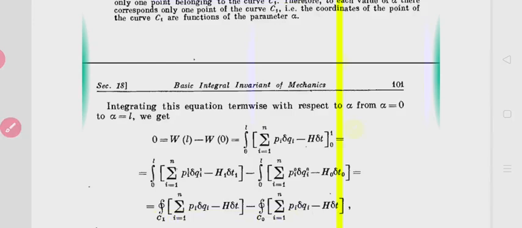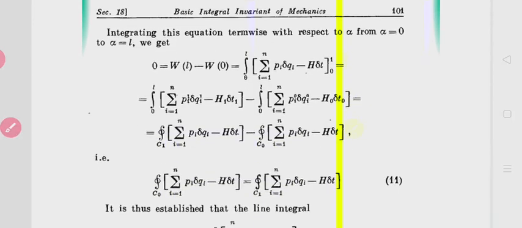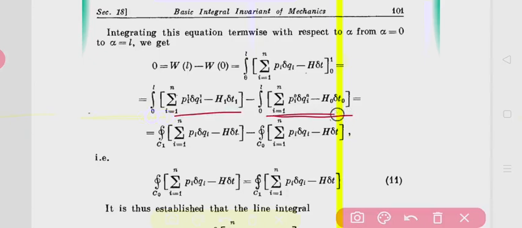If this is equal to 0, this integral is equal to 0. I just separate the integral into the value at 1 minus the value at 0. So this is the integral from 0 to L of the summation pi1 delta qi1 minus h1 delta t1.